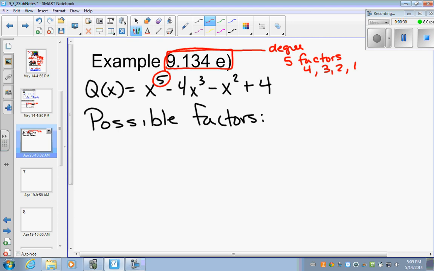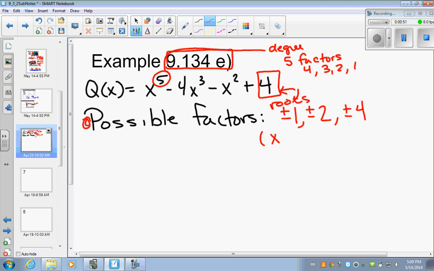And then the next thing I do is I look at the possible factors, and I can tell what the possible factors are by looking at this number. So possible factors of plus or minus 1, plus or minus 2, and plus or minus 4 would be the roots. I should say those are the possible roots.